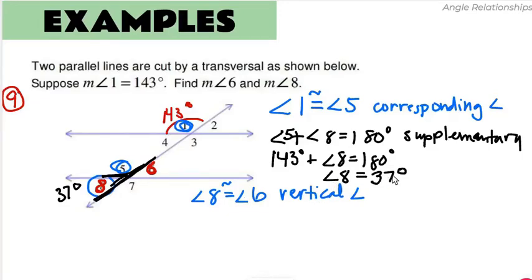So angle 8 is 37. Now right here we said angle 8 and angle 6 are equal to each other. So that means angle 6 is also 37 degrees. And that's it.